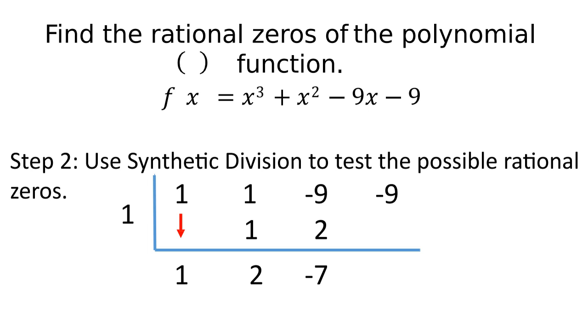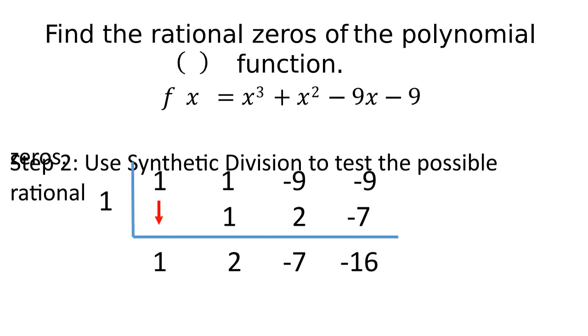And then again, 1 times -7 is -7, and adding the column gives me -16. So we can see that this one is not going to be a 0 because we have a remainder of -16.